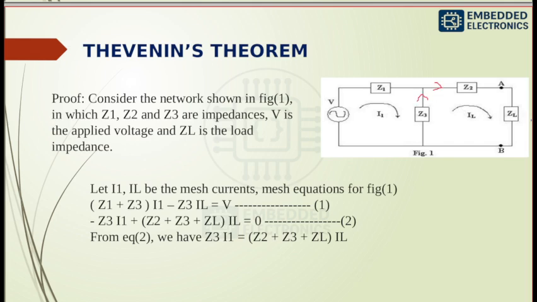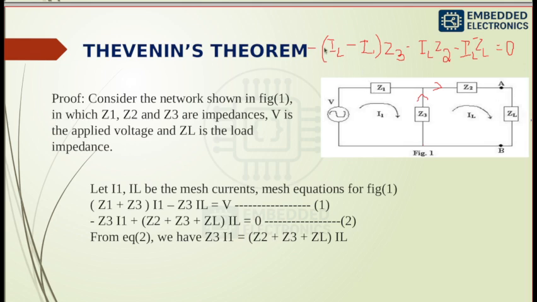Start from this point: (IL minus I1) Z3 minus IL Z2 minus IL ZL equals 0. One thing I forgot to mention is that these are also minus because the current is moving in this direction.